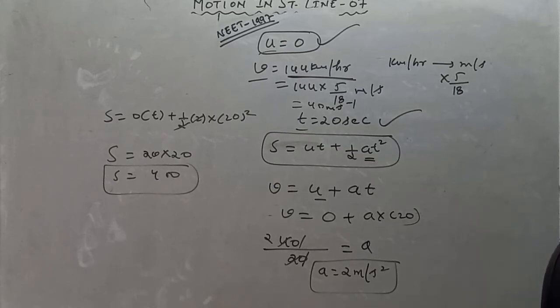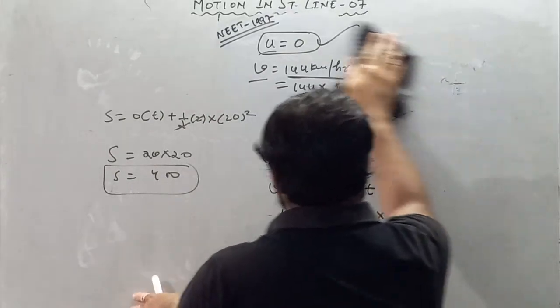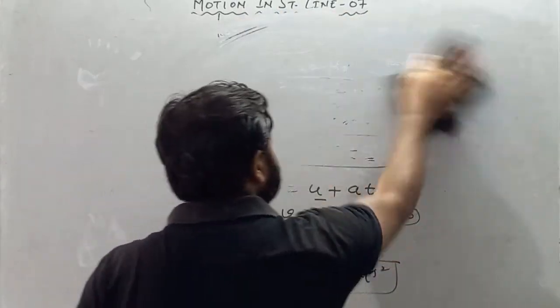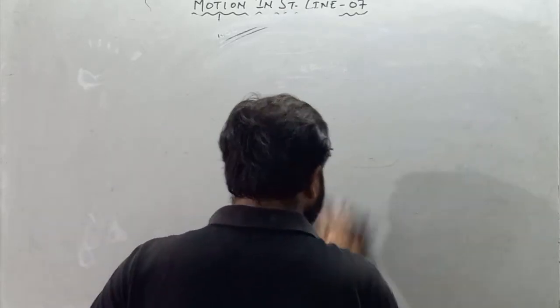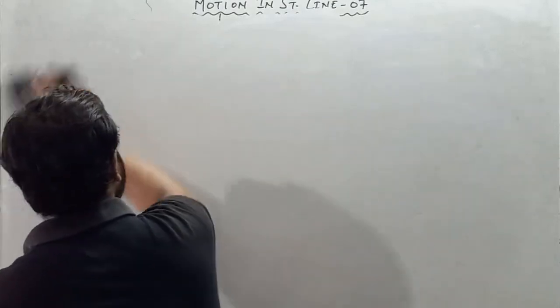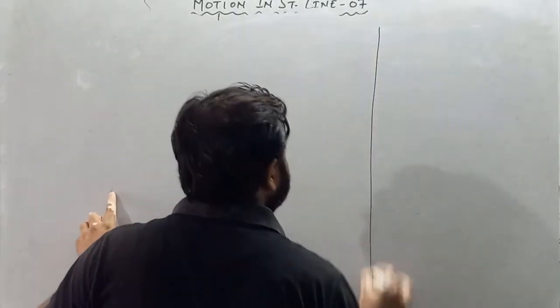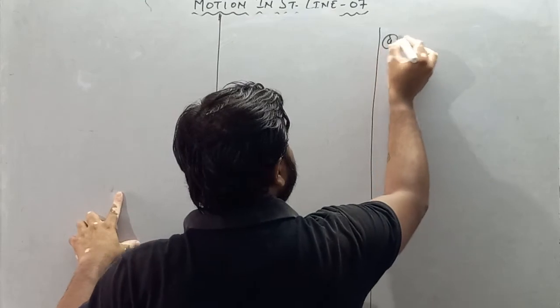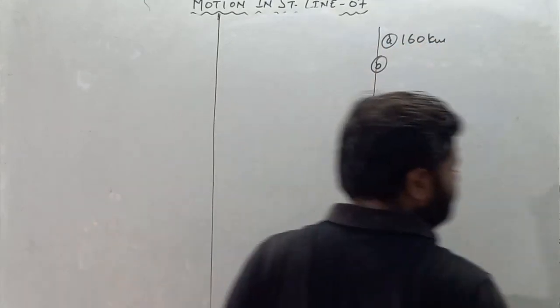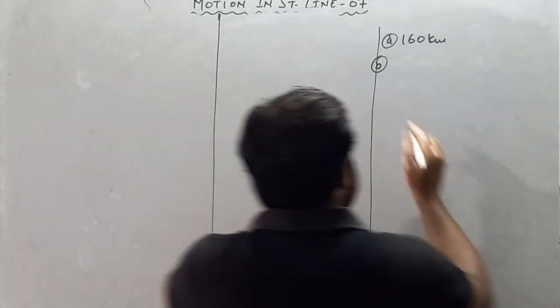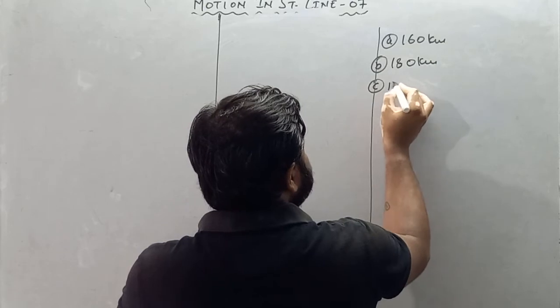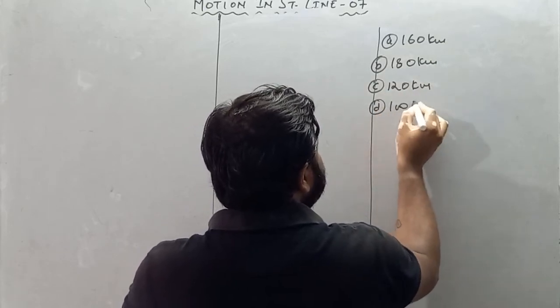The distance travelled by the train during this period of time is: A option 160 kilometer, B option 180 kilometer, C option 120 kilometer, and D option 100 kilometer.